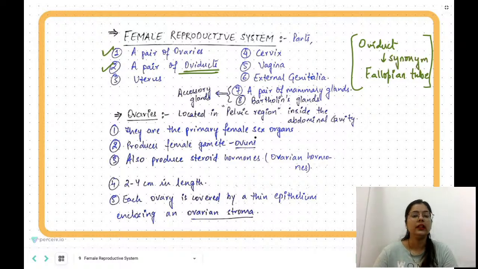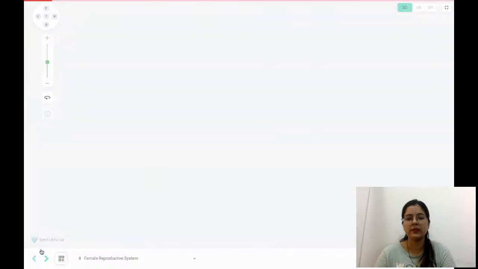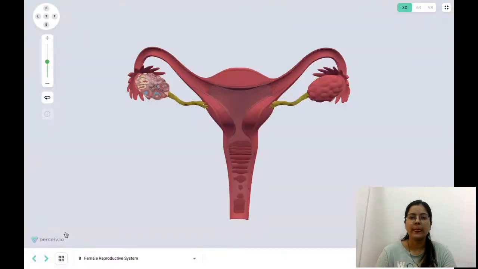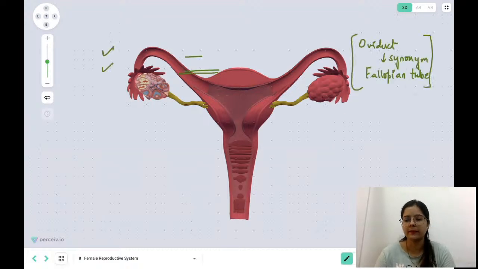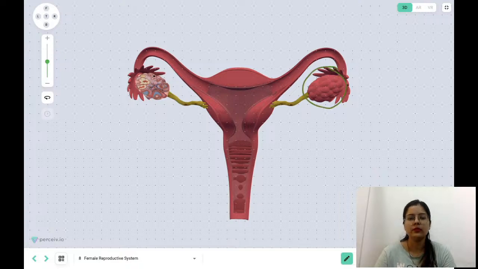All right. Now, we have seen the ovaries, and ovaries are usually in pair. So you can see they are in pairs. Fallopian tube and ovaries are found in pairs. 1, 2.